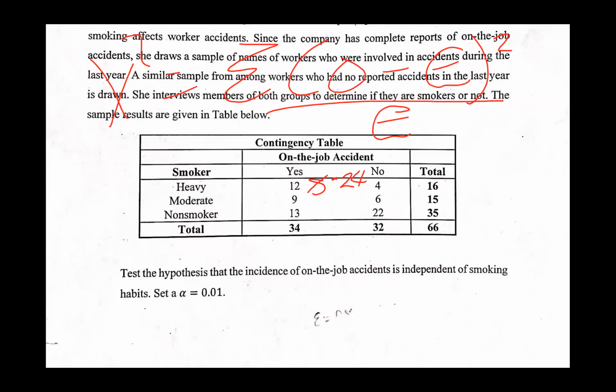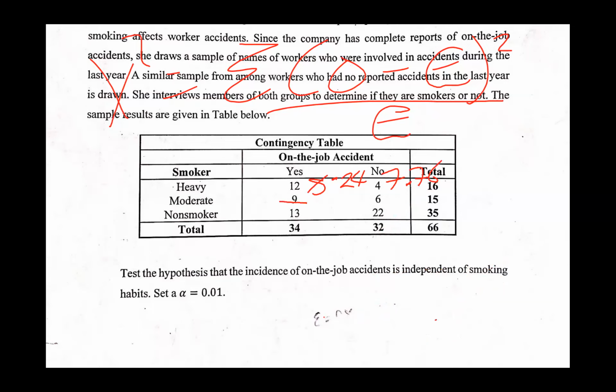Then the other one, which will be this times 16. 32 times 16 divided by 66 is 7.76.